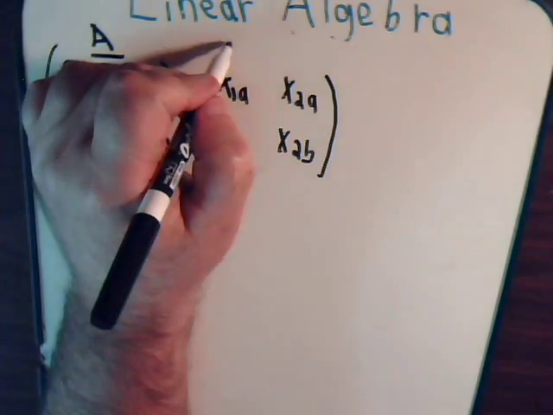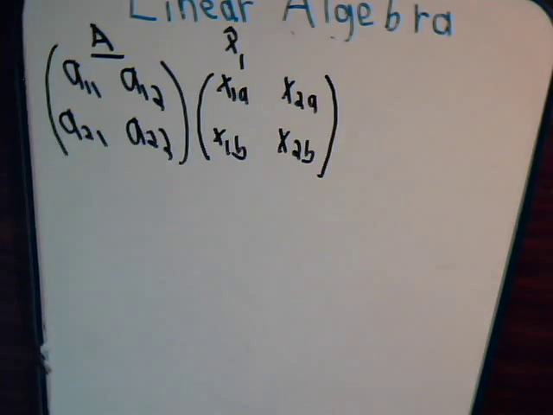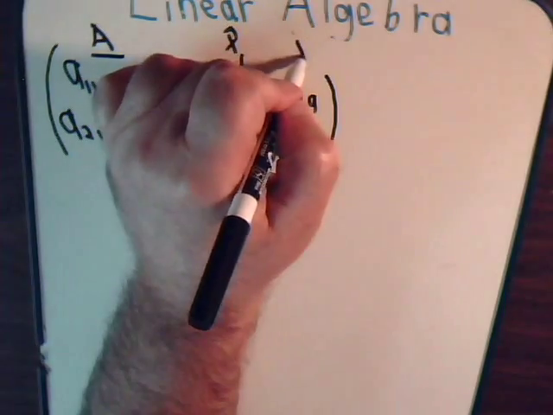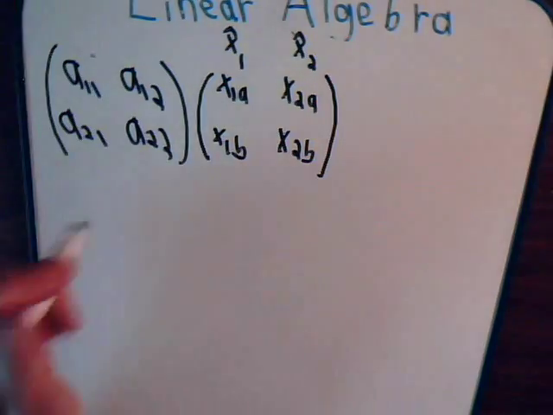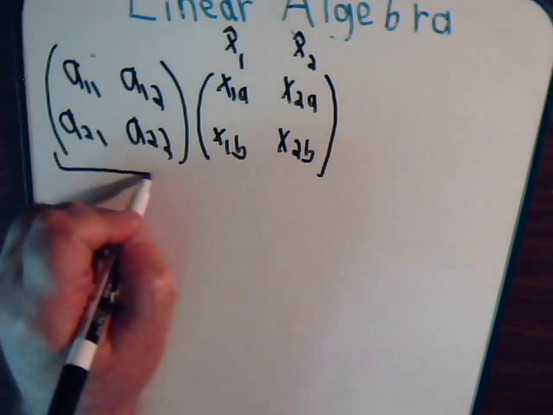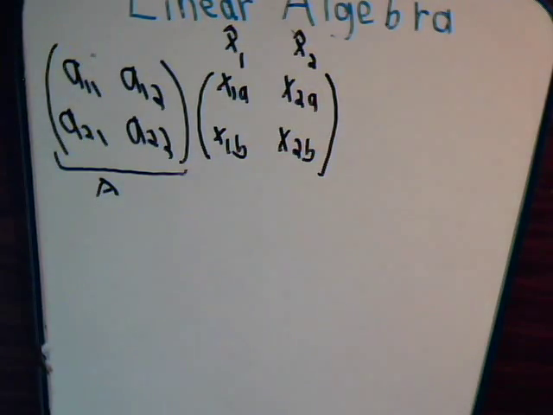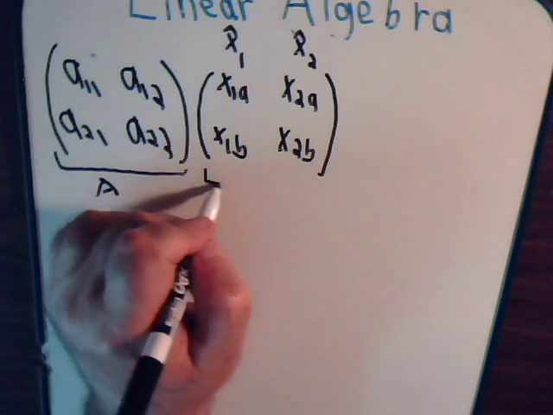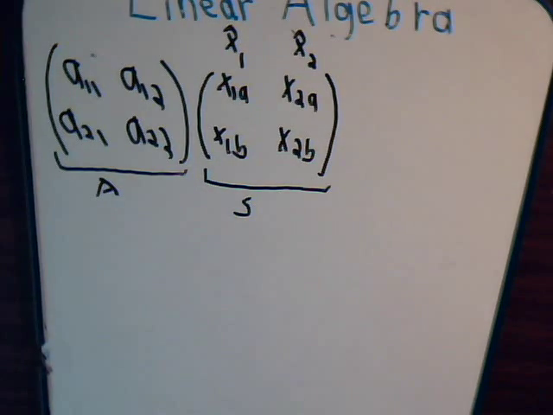So this is just eigenvector 1, and this is eigenvector 2, and let's write this below. This is our original matrix A, and the matrix that we form from the eigenvectors of matrix A, in most textbooks they call this the S matrix.